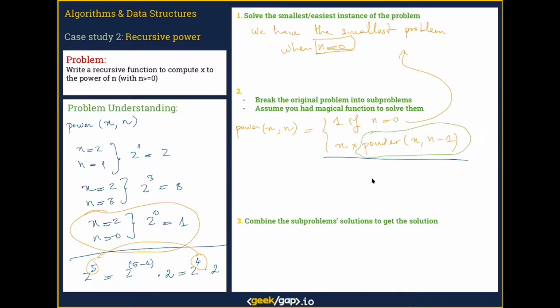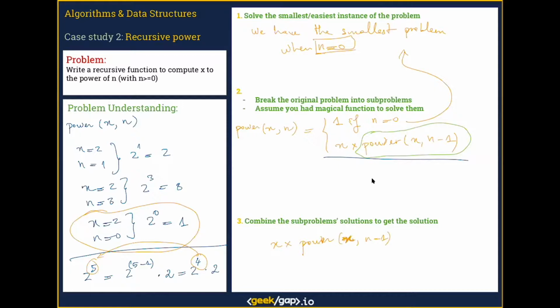Is to do x times power of x, n minus 1. And this is all it takes. This is how you're actually going to combine the solutions finally at the end.